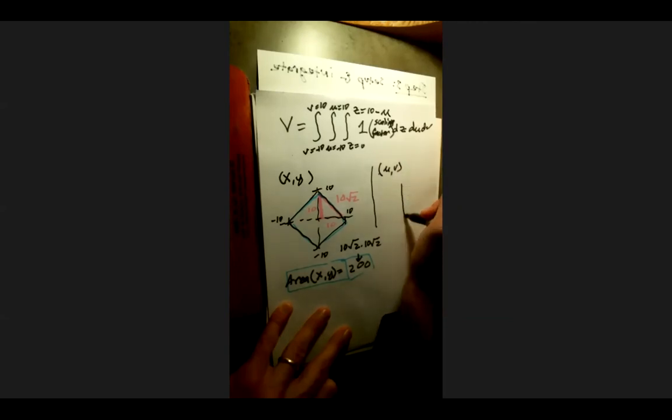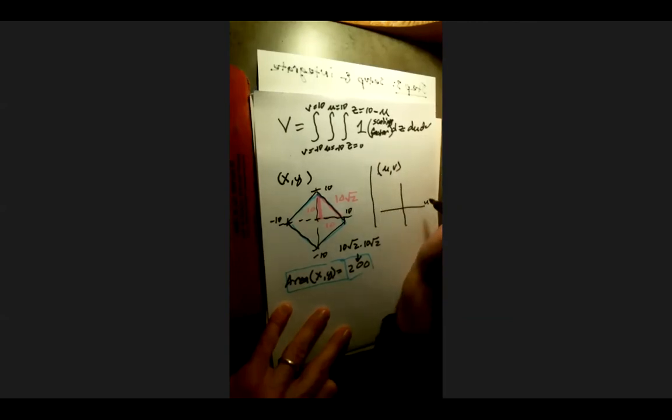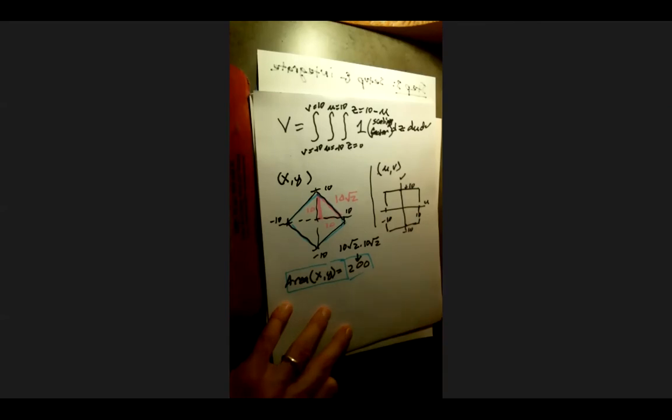So if we're in the uv world, we're going to go from minus 10 to 10, minus 10 to 10. Oops, that's negative. Something along these lines.